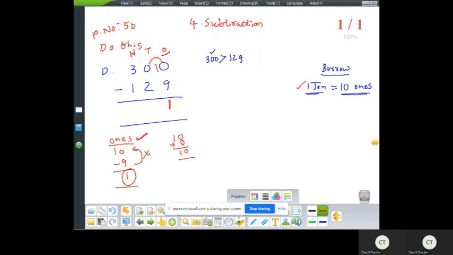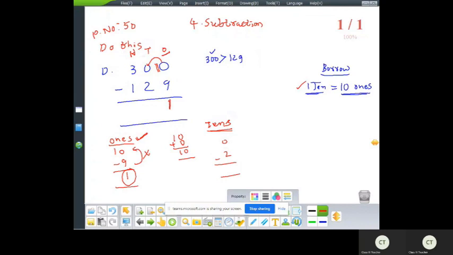Now subtracting in the tens place. In the tens place, the digits are 0 and 2. From 0 we already took borrow. Here 0 and 2. 0 minus 2.